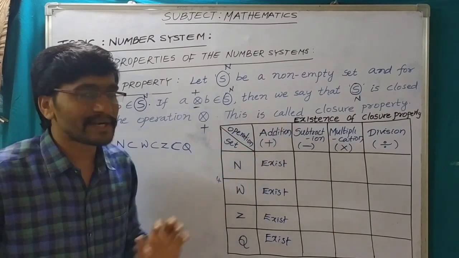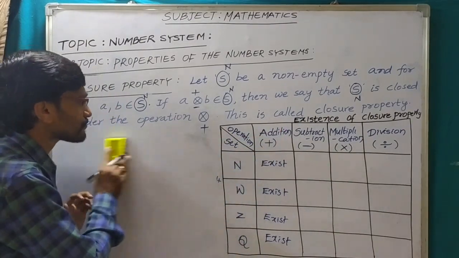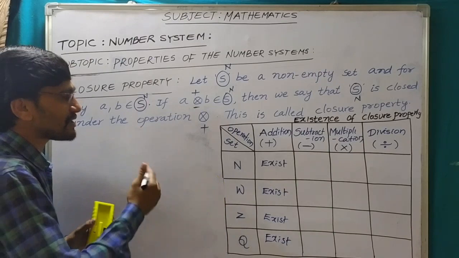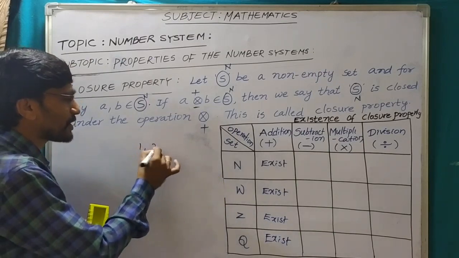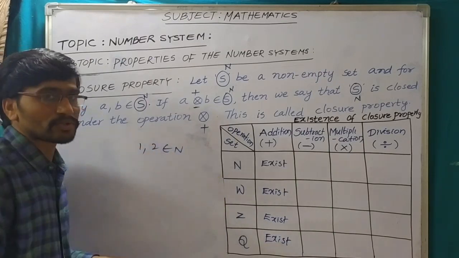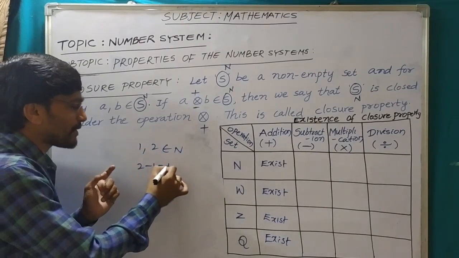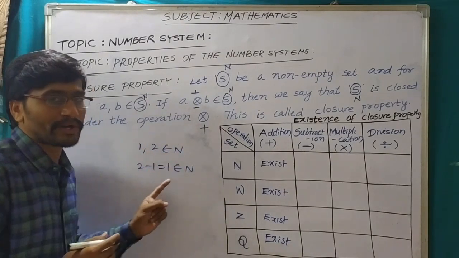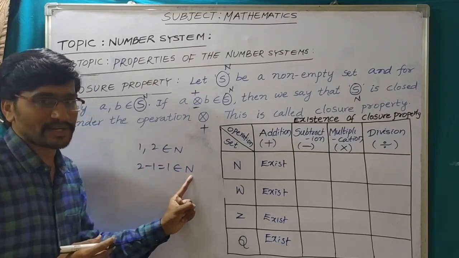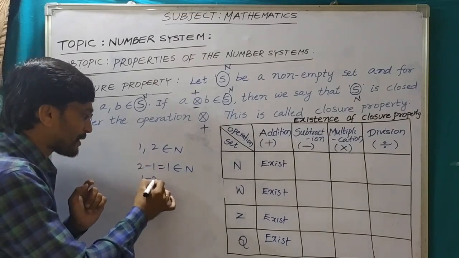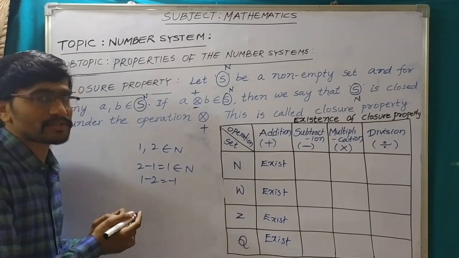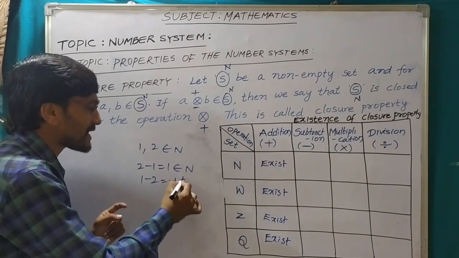Okay. Next, let us see subtraction. Let us consider two natural numbers, 1 and 2. Now take 2 minus 1. 2 minus 1 gives how much? 1. 1 also belongs to the natural numbers. So if I take 1 minus 2, it gives how much? Minus 1. Is minus 1 a natural number?